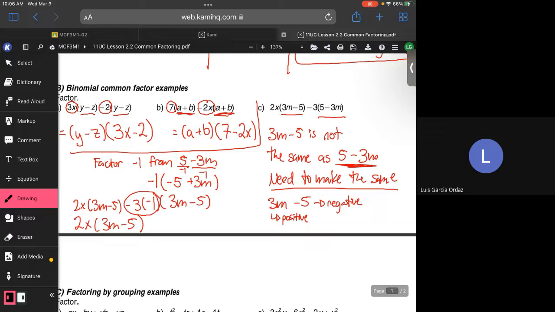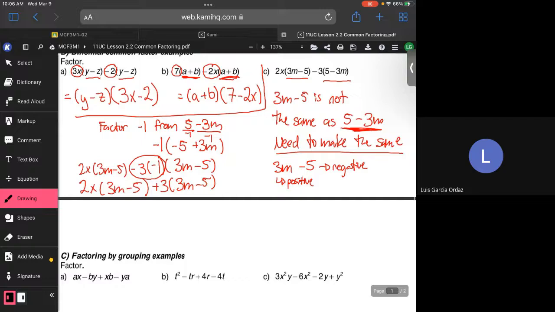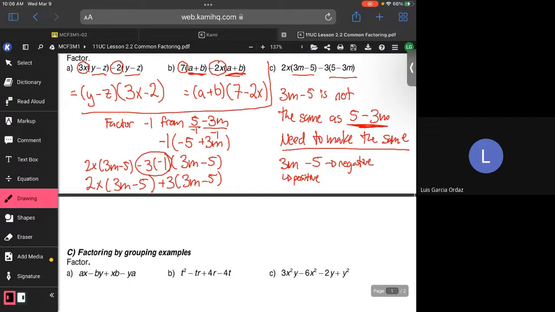What's -3 times -1? Okay, so what is my final answer going to be then? What would my factored answer be? I'm going to continue this on next page. What's my final factor going to be? Olivia? 3m minus 5 in one bracket, the other bracket is 2x.